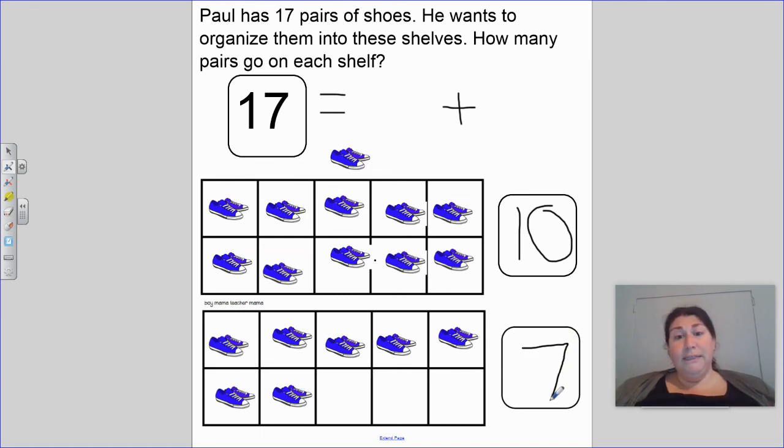There are 7 shoes in that second 10 frame. So we now know that 17 is 10 and 7 ones. So that's how we break apart a teen number.